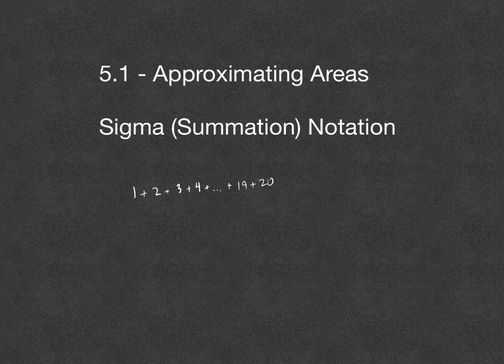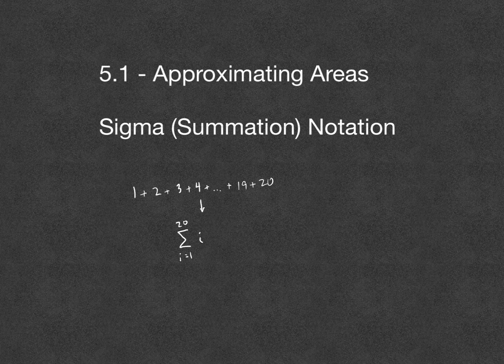It doesn't take too long to write it out with the dot dot dots, but a more shorthand way to write that is with sigma notation. So that is exactly equivalent to writing this expression. That is a sigma, a Greek letter. We write underneath it i equals 1, above it 20, and then after it the letter i.